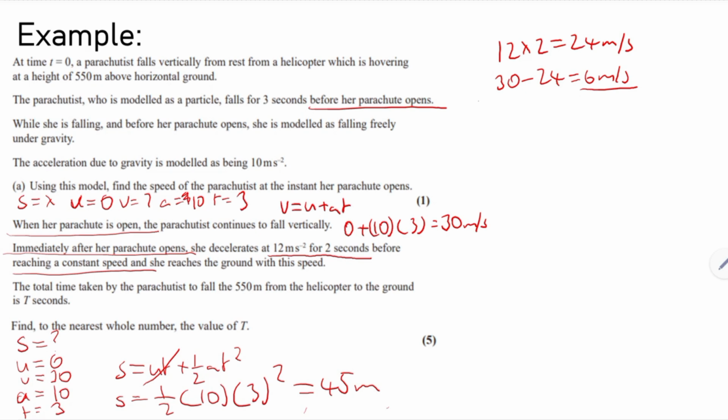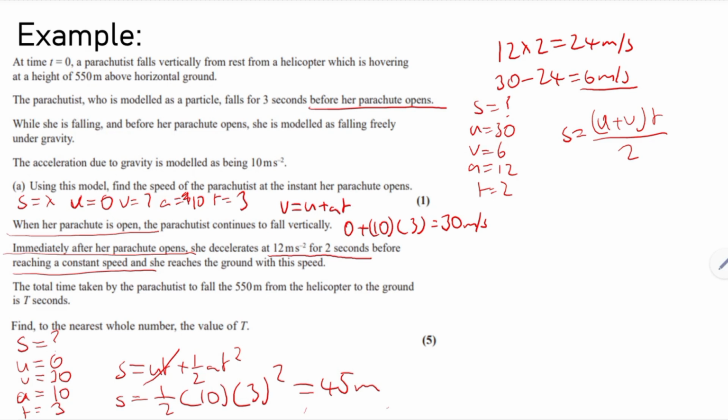So now we need to write SUVAT again. S equals, we want to find that out. U equals 30, V equals 6, A equals 12, and T equals 2. For this, we are going to be using S equals (U plus V) multiplied by T over 2.